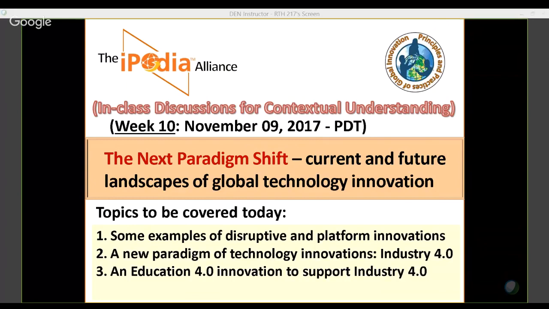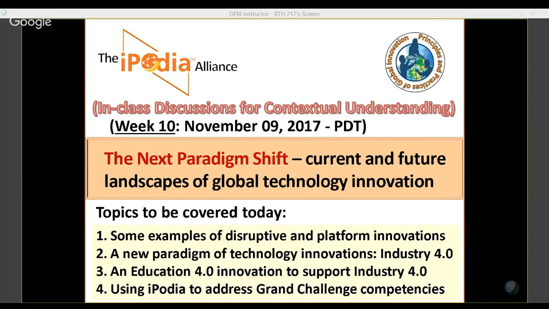Then I will very quickly go through an argument to say that what you are in this course, the ICODIA course, actually is a very good example of how you develop a new innovation to support this industrial revolution. And then finally, I will very quickly review how ICODIA can fulfill the need of the career engineer for the 4.0 revolution.